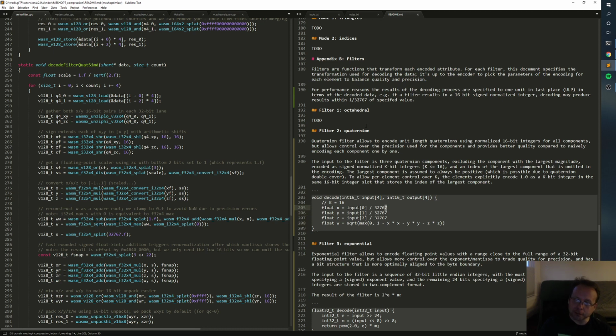So this is the basic Quaternion encoding that you could imagine, where the input is a normalized Quaternion.